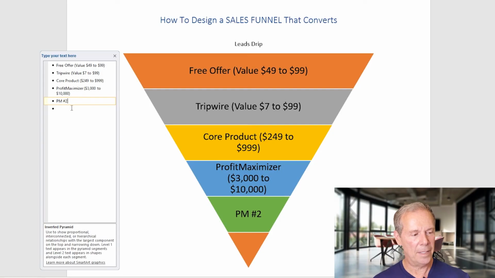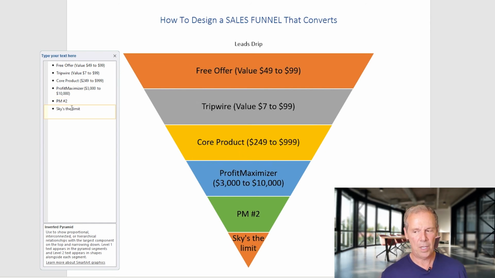Okay. And then the last one here, I call this sky's the limit because in this area, you want to use your imagination to continue moving them through the funnel. What I've found over the years is that a specific client that meets the criteria of the client that I'm looking for tends to find their way to my doorstep.